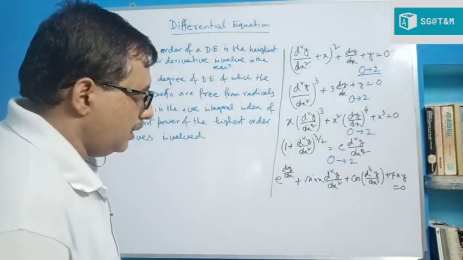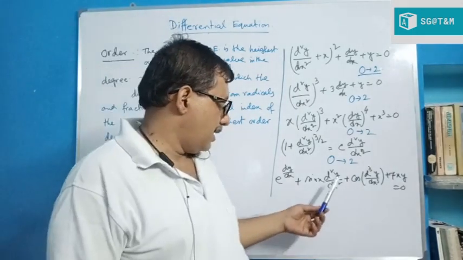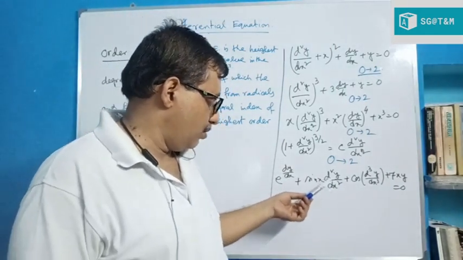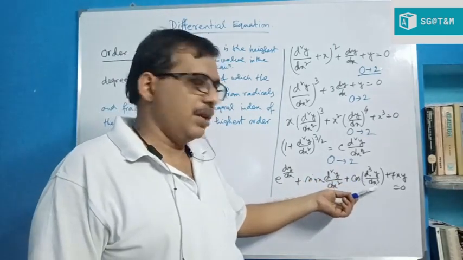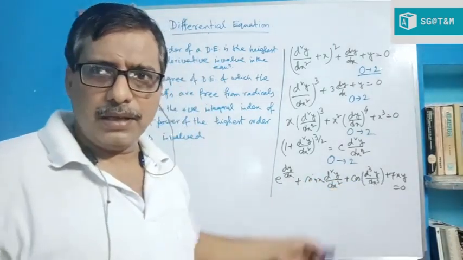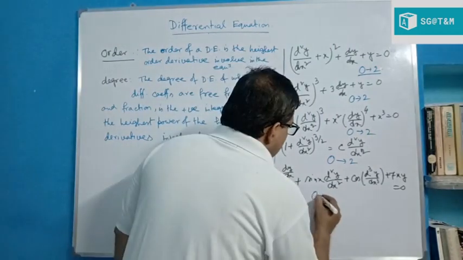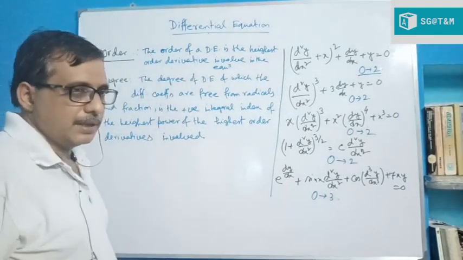In the last equation, the derivatives are dy/dx, d2y/dx2 and d3y/dx3. So the order of this differential equation must be how much? The order of this equation is 3 since it contains a third order derivative.